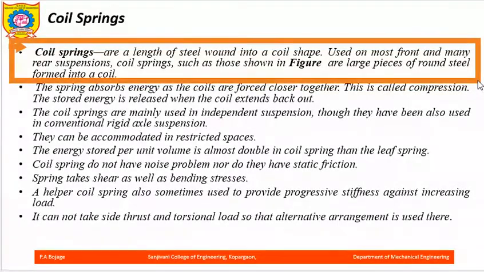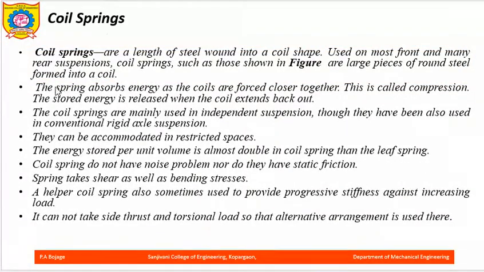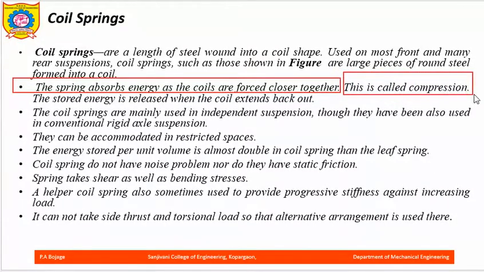So they can have different shapes and sizes. The spring absorbs energy as the coils are forced closer to each other. So it acts as an energy absorber by compression, and this stored energy is again released back. Okay, and that is the reason why a damper is used.